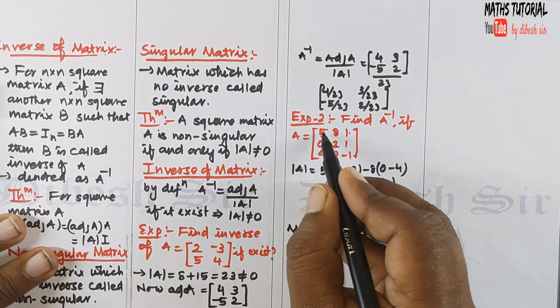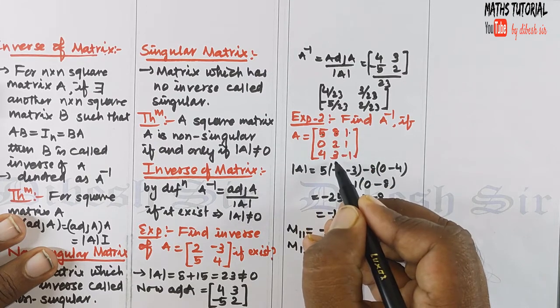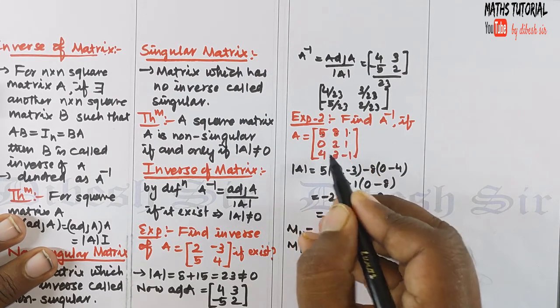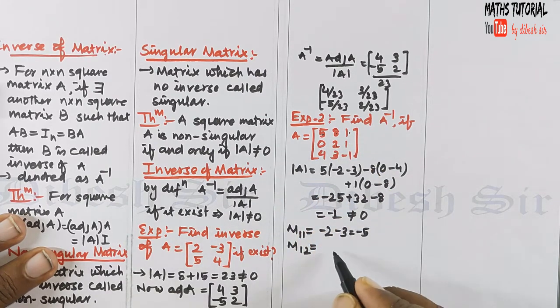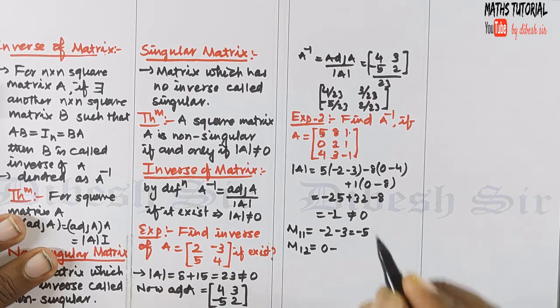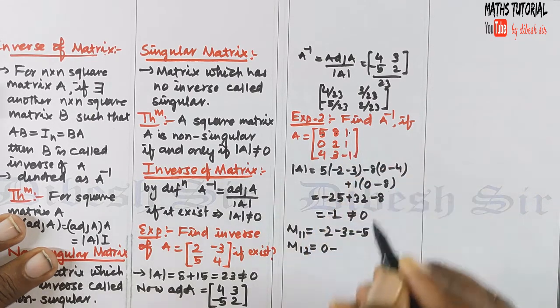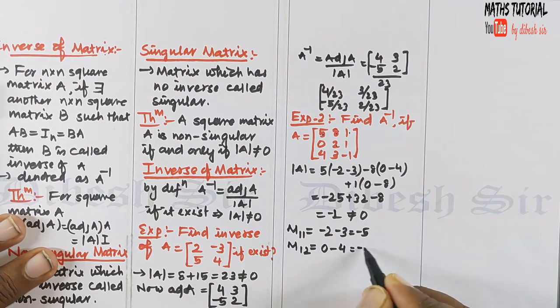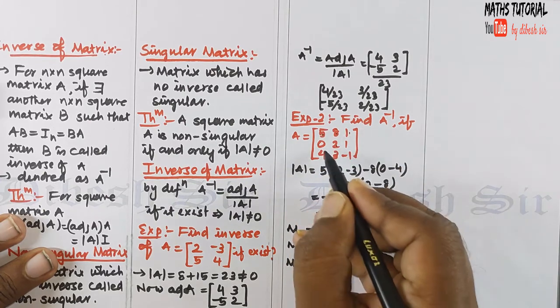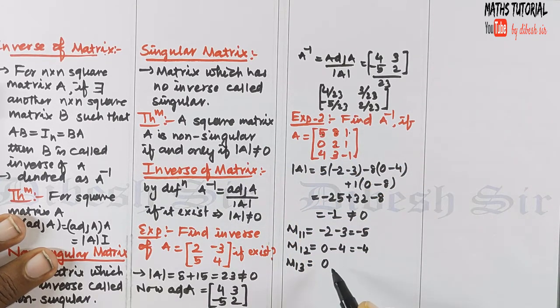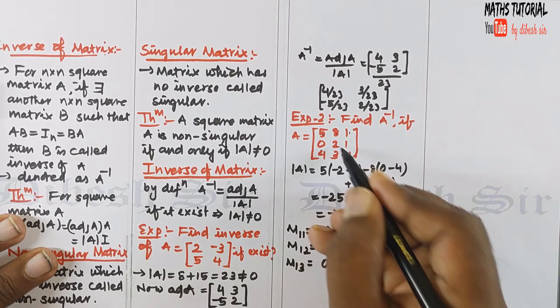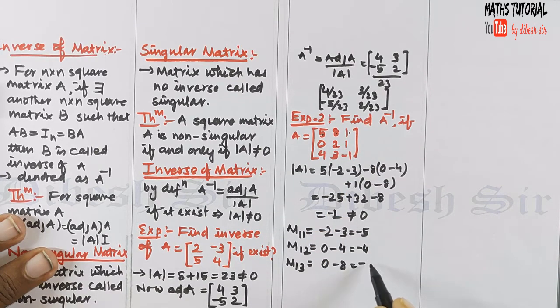M12 means first row, second column. That is 0 into 1, minus 1, that is 0, minus 4 into 1, 4. That is minus 4. Next M13. M13 means first row, third column. 0 into 3, 0, minus 4 twos are 8. That is minus 8.